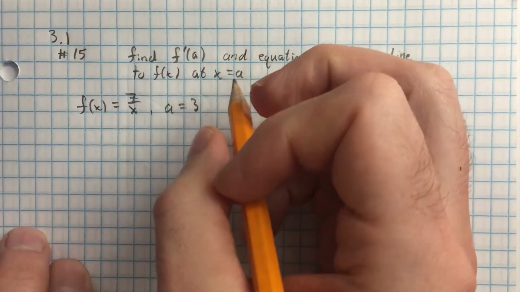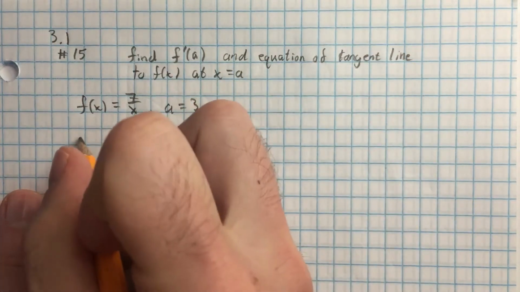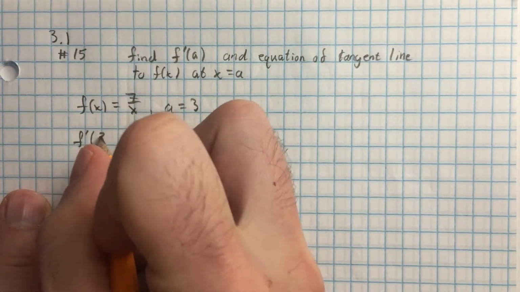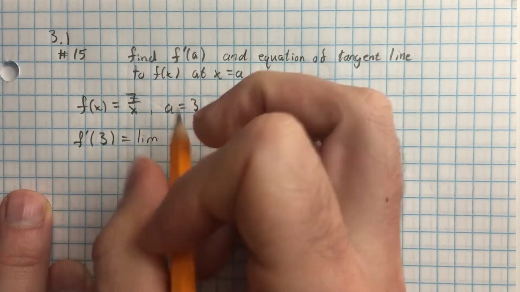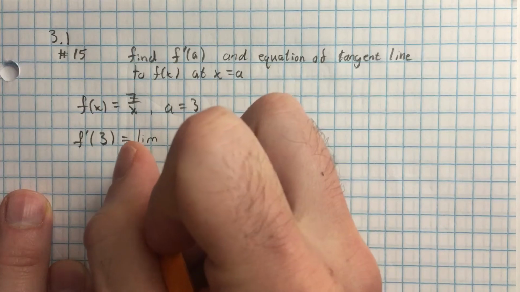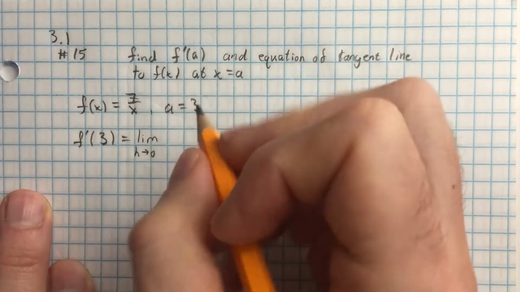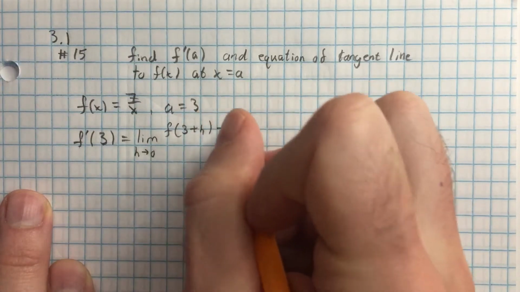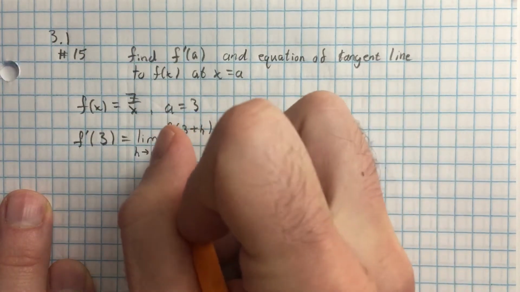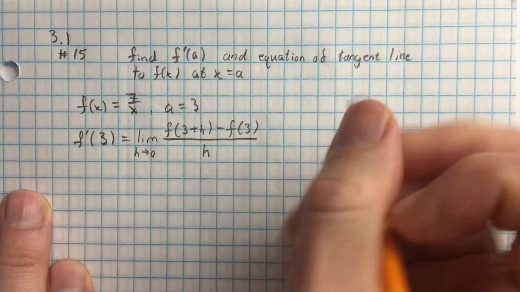All right, so to find f prime of a, I want to find f prime at 3 using the definition of derivative. I would have the limit as h approaches 0 of f of 3 plus h minus f of 3 over h.